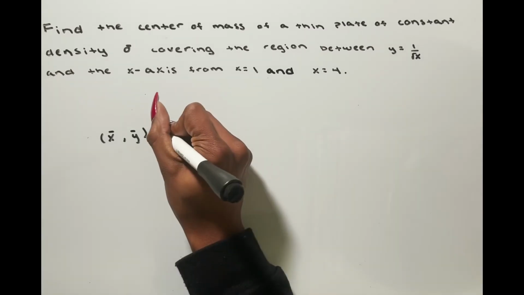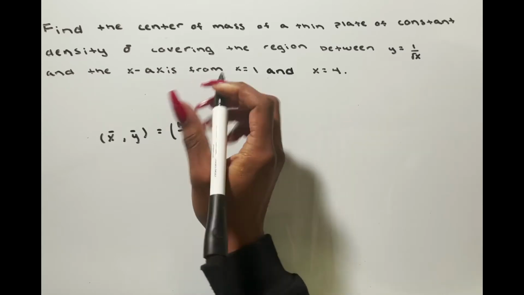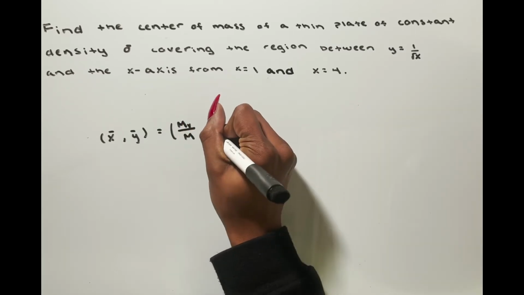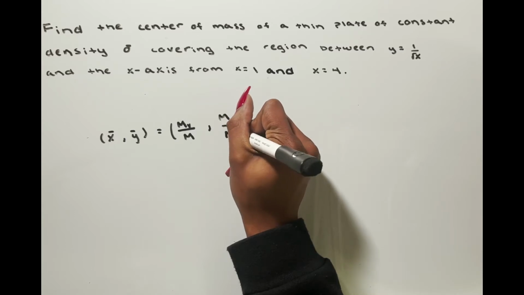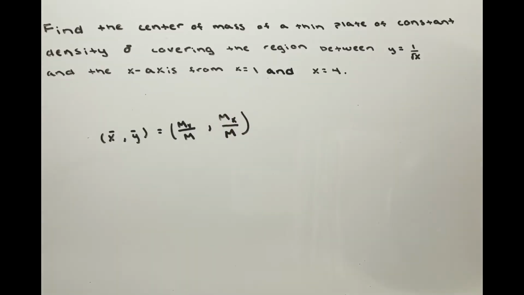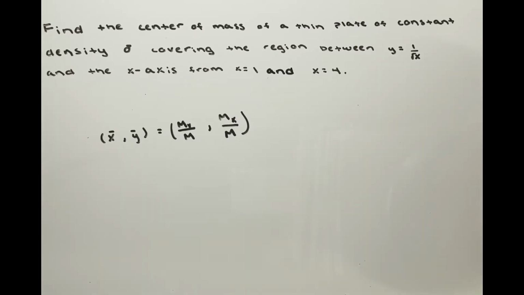Now, the center of mass is made up of m sub y over m and m sub x over m, where m sub y represents a moment of y and m sub x represents a moment of x, and the m in our denominator represents our total mass.